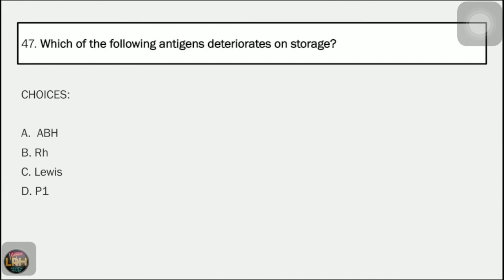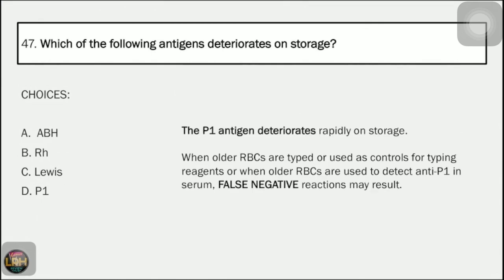Number 47, which of the following antigens deteriorates on storage? Among the following choices, the P1 antigen is said to be labile and it deteriorates rapidly on storage.